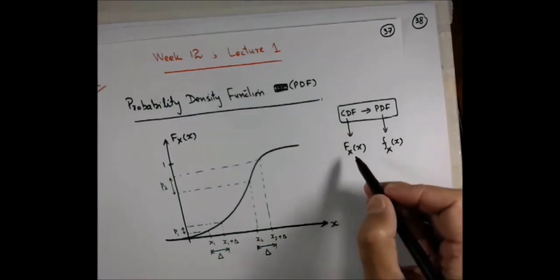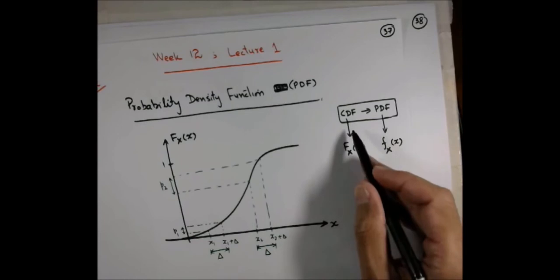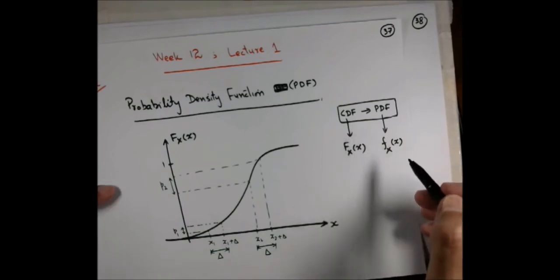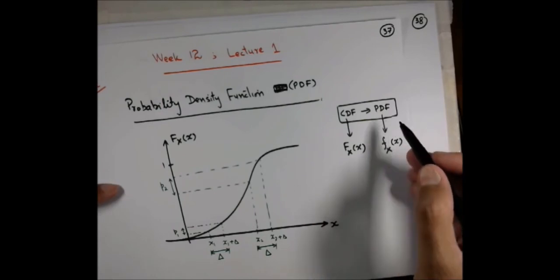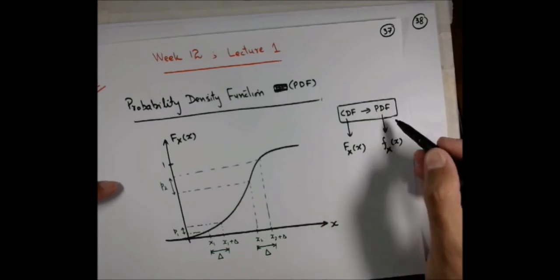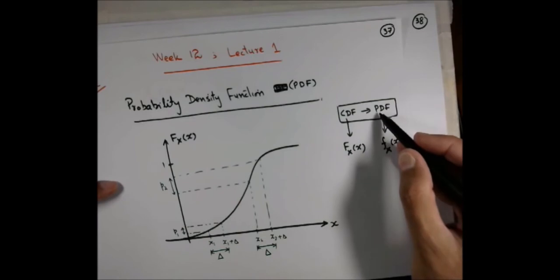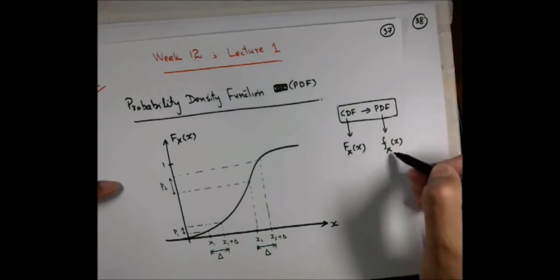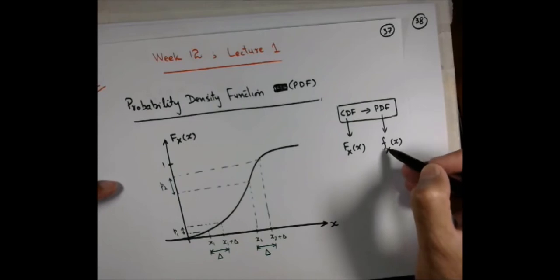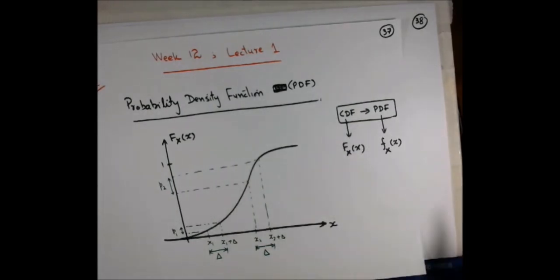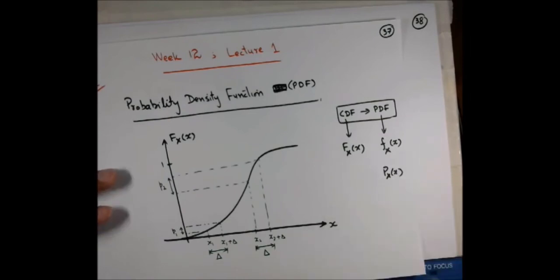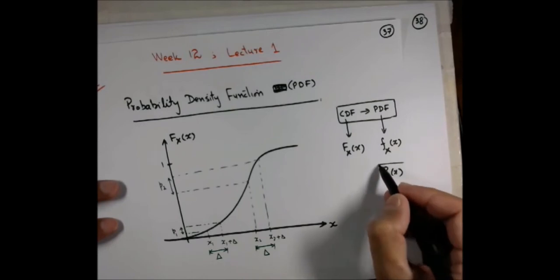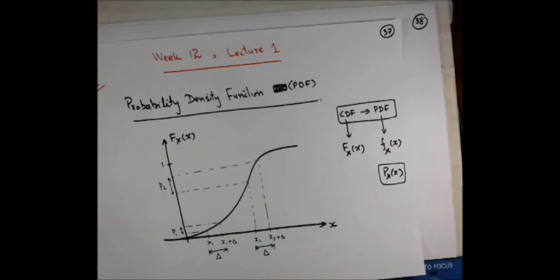If you recall, the same symbol was used for the CDF of a discrete random variable, but there was a different symbol for the distribution of probability of a discrete random variable. In case of a continuous random variable, the probability distribution is given this notation, f sub x. And for a discrete random variable, if you recall, that was p sub x. This was for the discrete case.